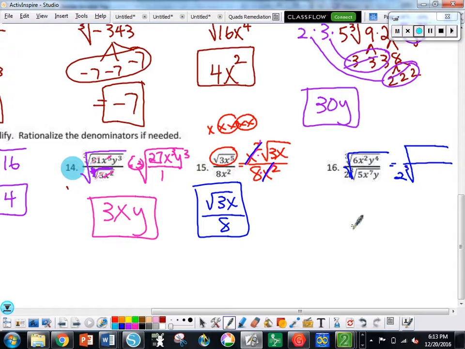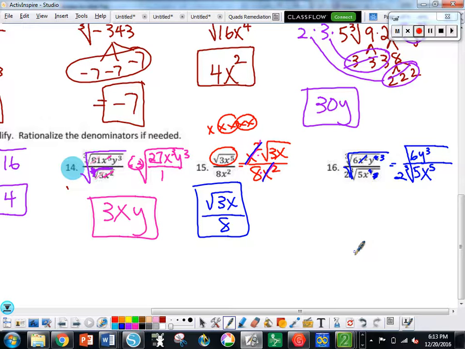The 6 and the 5 don't reduce, so we'll just put them in there. Now on the x's, I have 2 x's from the top that will cancel with 2 x's from the bottom, so I'm going to call it x to the 5th. Now there's something you could have done different there. I'm not going to right now. You can, I don't care if you do it, I just don't want to explain why and how. The last thing that you can do is there's one y here, there's one y here, so it's y cubed.